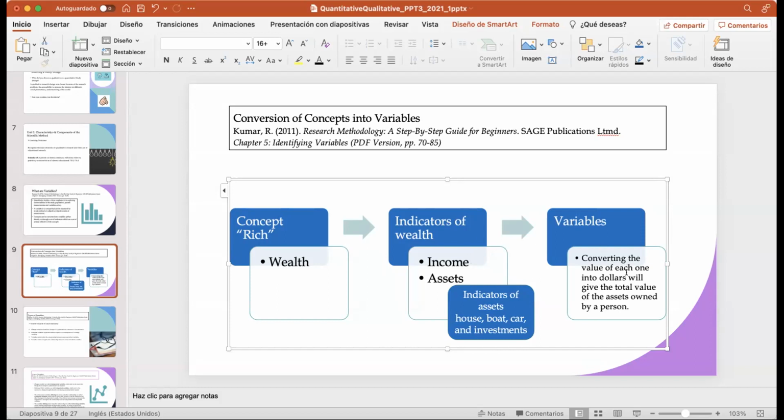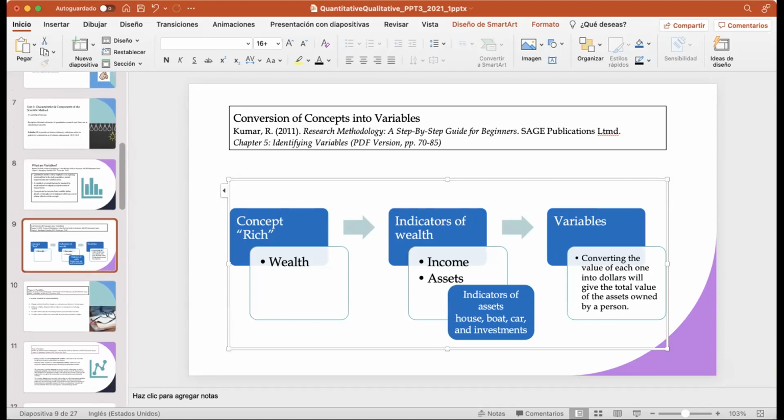Because I have a common denominator here with which I can make them a variable of a measurement. For example, the value in money, dollars, or whichever name denominator for money. So again, you will have in Kumar a chart. I can later copy it and add it here. Of concepts and variables.